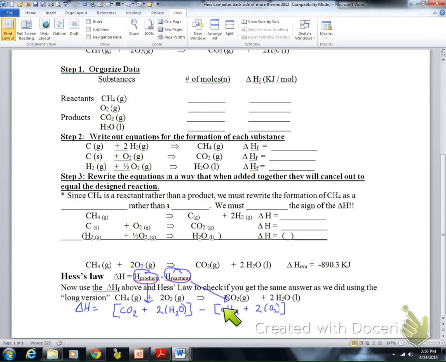So products minus reactants, and again, in order to get full points, you have to show your work there. And then we would just plug in the values, and we can calculate for the same change in heat of the reaction. So thus, Hess's law the short way.